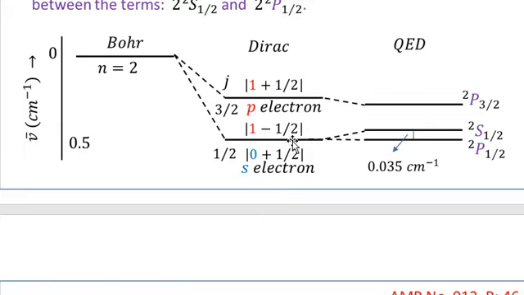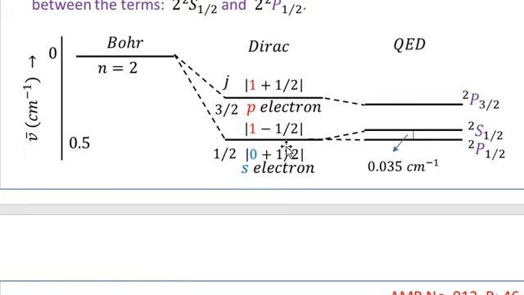And also this level is s1/2, because there is no energy gap between p1/2 and s1/2, because these are degenerate levels according to the Dirac theory. And you know that the splitting between the 3/2 and 1/2 is due to the fine structure energy introduced by the Dirac theory.